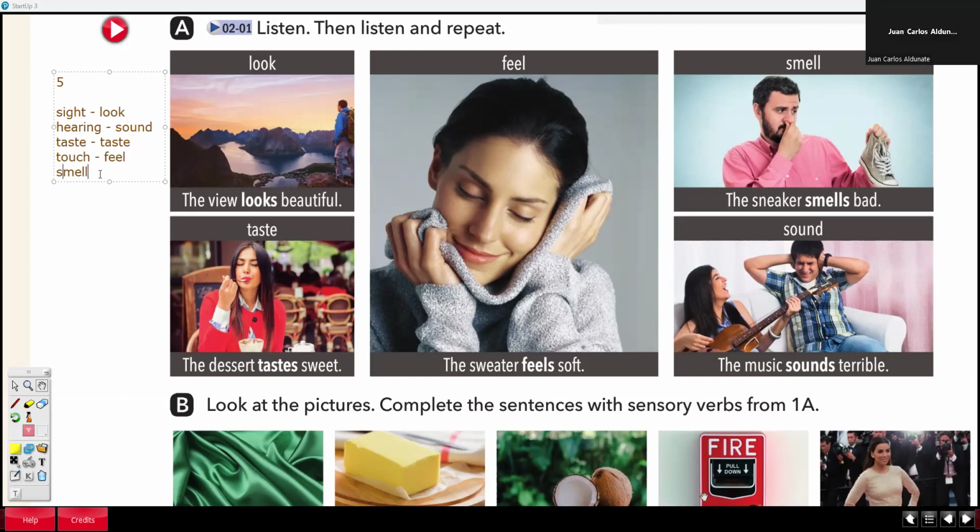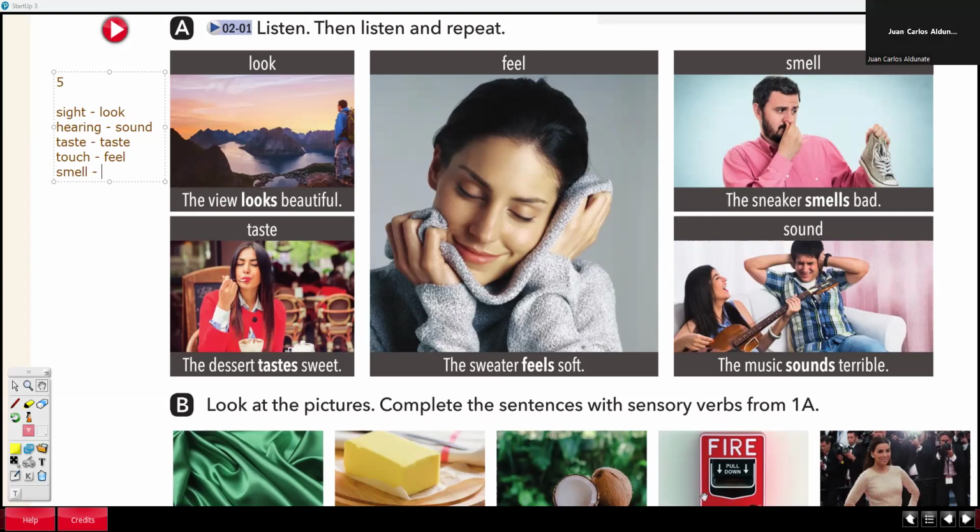Teacher, I have a question. Tell me. Feel is not an abstract perception? No, not really. Like I feel good, I feel love, but it's not related to a material thing.